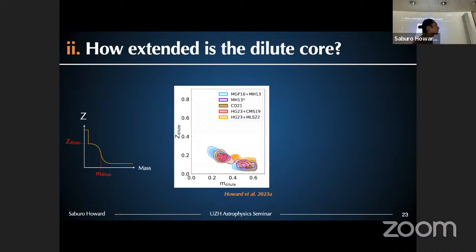So these are results from interior models, and previous interior models suggested quite extended dilute cores. So they are shown here with those black stars. So we are able to confirm that we find similar results, but you can see that we also find a small subset of solutions here where the dilute core is less extended.